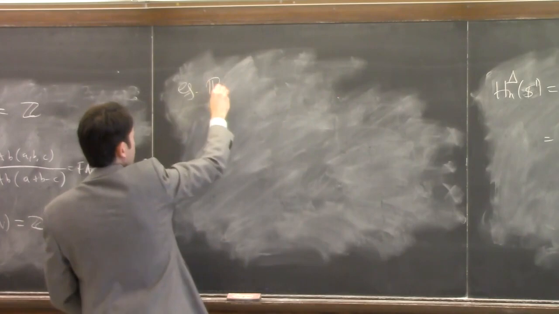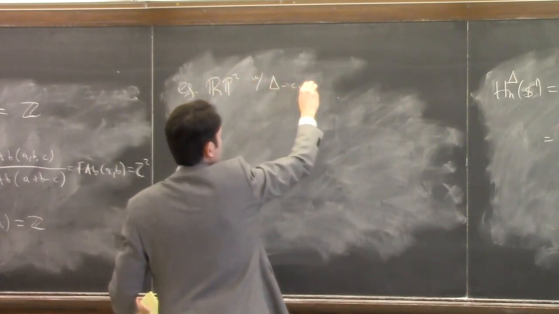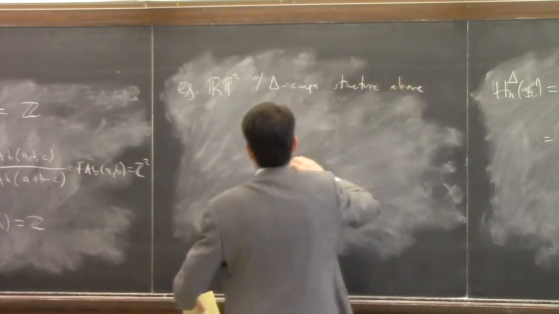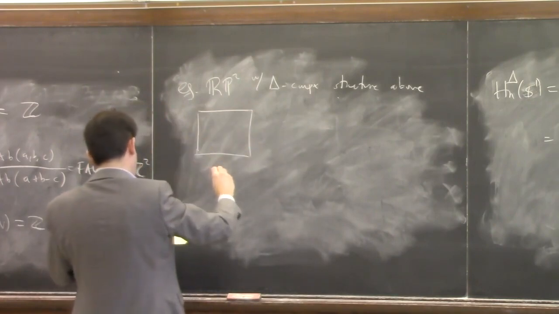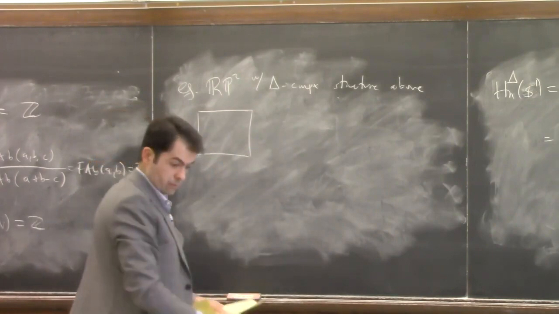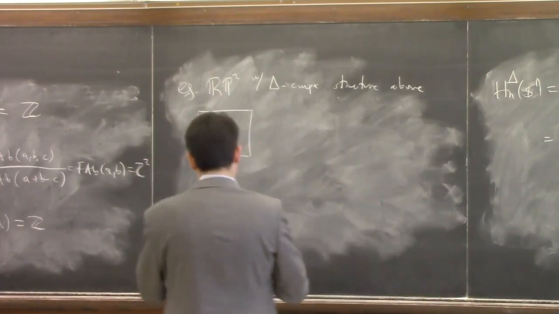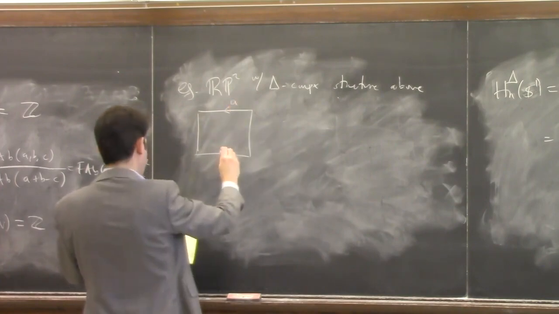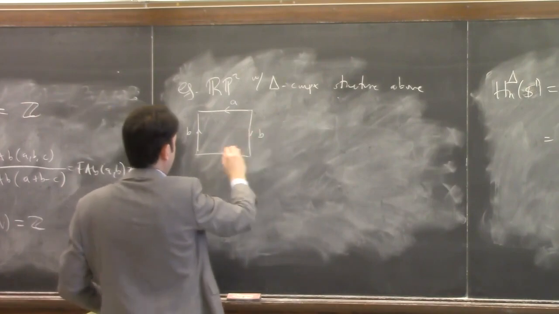So let's do RP2 with the delta complex structure above. Right, so how do we draw it? We said this was A, so it has to be opposite over here, and then this was B, opposite over here.